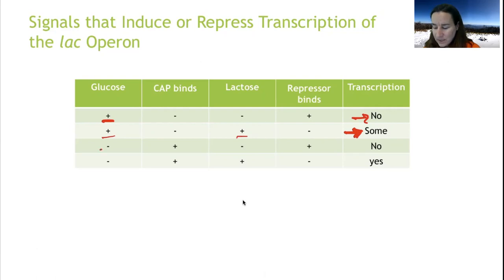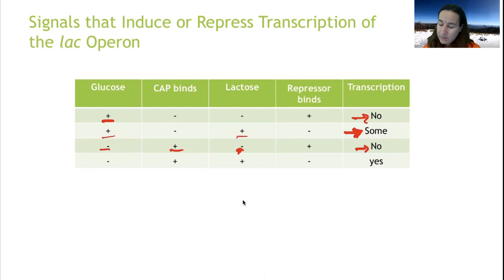If glucose is not present, cyclic AMP is going to bind with the CAP and we will have gene expression. But gene expression won't happen if we're missing lactose because remember, lactose has to pull the repressor off. If lactose isn't there to pull the repressor off, we don't get gene expression.